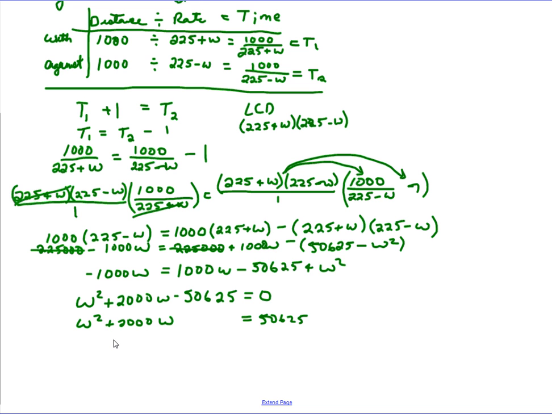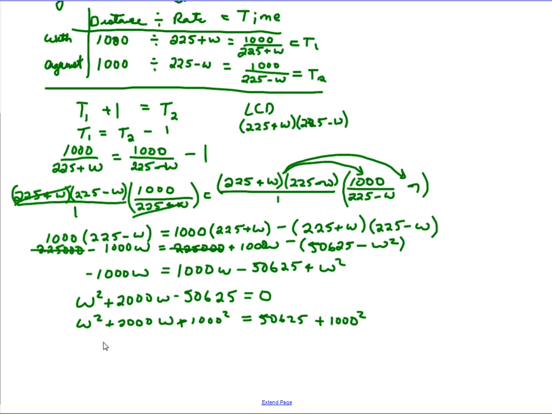Well, we know half of 2,000 is 1,000, and 1,000 squared is just simply going to double the number of zeros that we get. Of course, that is added to both sides equally, not subtracted. 1,000 squared is 1,000,000 because it's a 1 followed by 6 zeros.